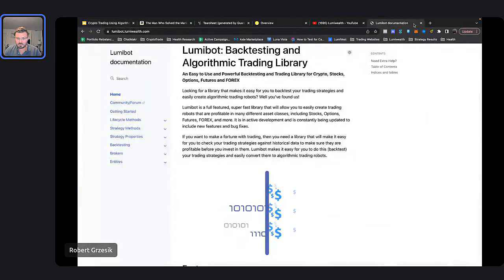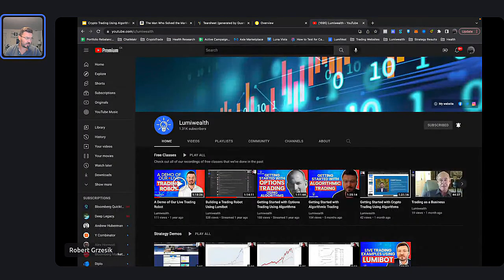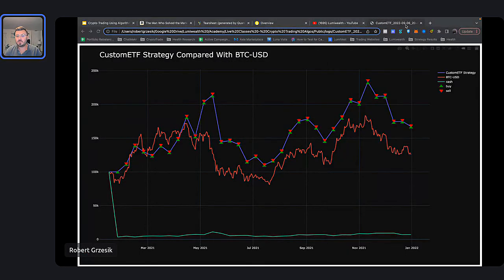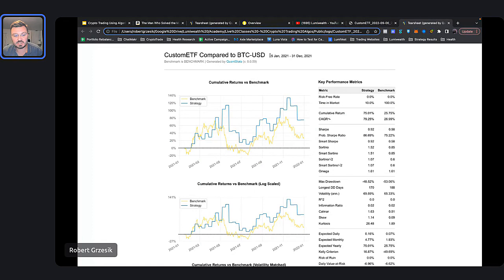So what I did was I ran a back test, which means that I simulated what this strategy would have been like if you had invested in it since January 15th. So basically the beginning of 2021, what would have happened if you invested in this strategy versus Bitcoin, right? So in the blue is our strategy, right?